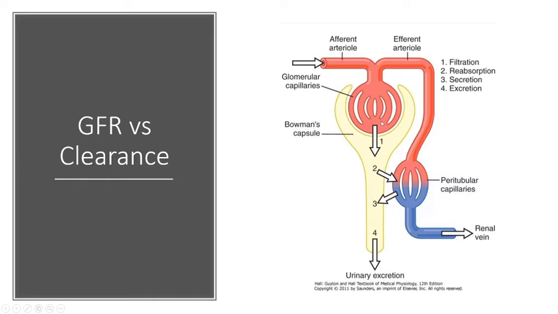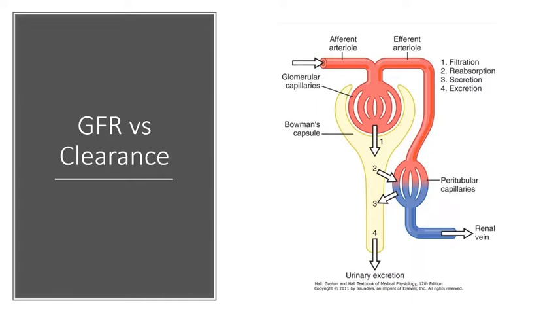So it's a substance that is filtered freely and then isn't reabsorbed or sent across. And once you find that substance, you can figure out how much you've given into the circulation, and how much of it comes out into the urine over a period of time. Once you've got that, you can figure out the fraction that's been filtered across here, and it gives you an idea of how much plasma has come across.